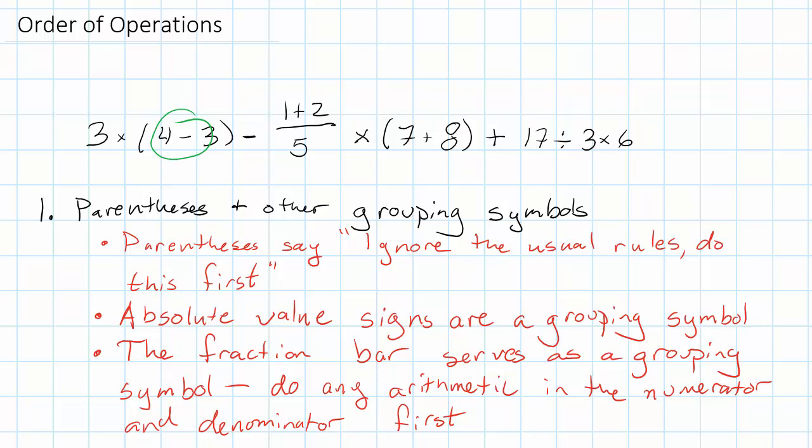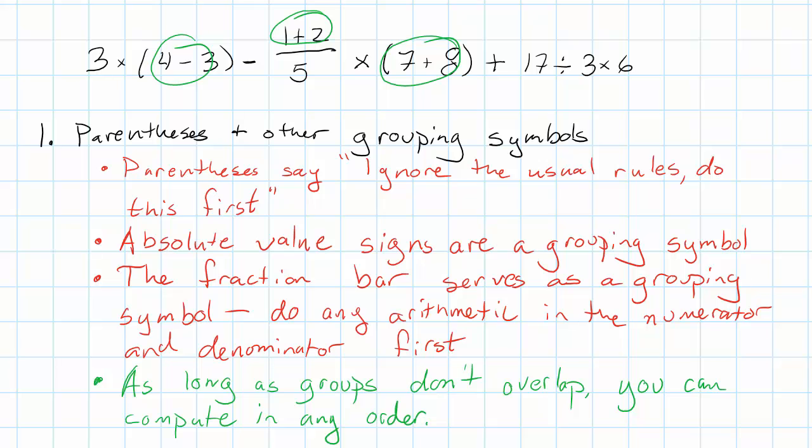This one, and this one. Now, as for what order we do these computations in, it doesn't matter. As long as the groups don't overlap, you can compute them in any order. All of these are relatively simple arithmetic, so we can also compute them all at once.